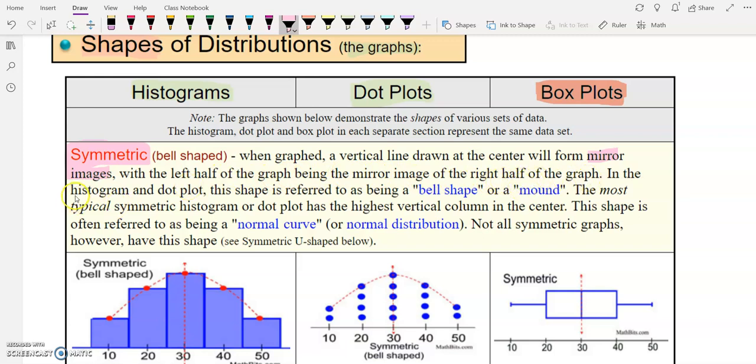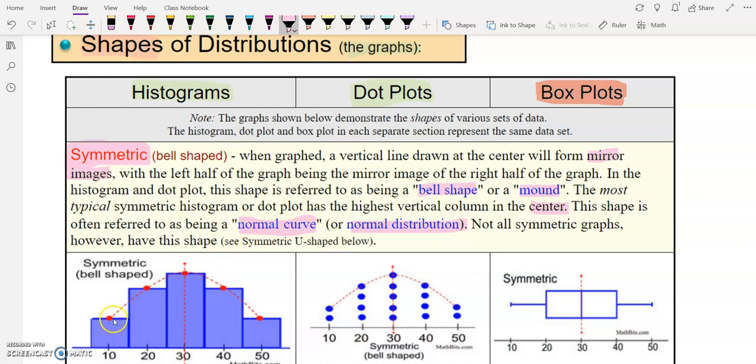In the histogram and the dot plot, this shape is referred to as being a bell shape or a mound. The most typical symmetric histogram or dot plot has the highest vertical column in the center. This shape is often referred to as being a normal curve or a normal distribution. So all of these are the words for the same thing.